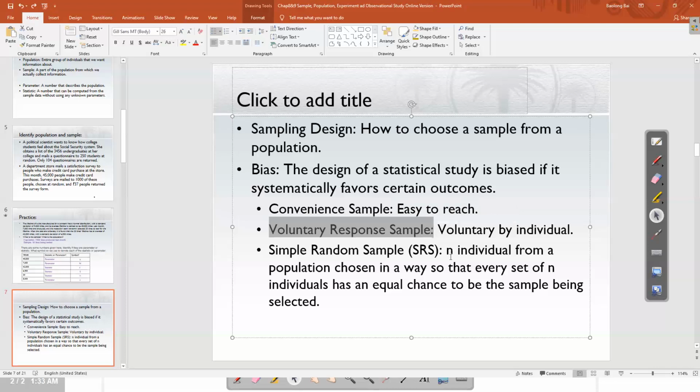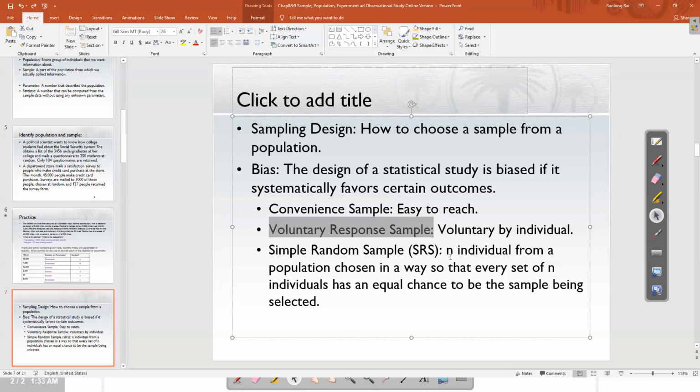Think about if you have done any online invited survey, or at least, a lot of students have done the course evaluation, right? The course evaluation is voluntary. You are not being forced to do it. It's up to you to decide if you want to be part of the study. So that's another example of voluntary response sample.